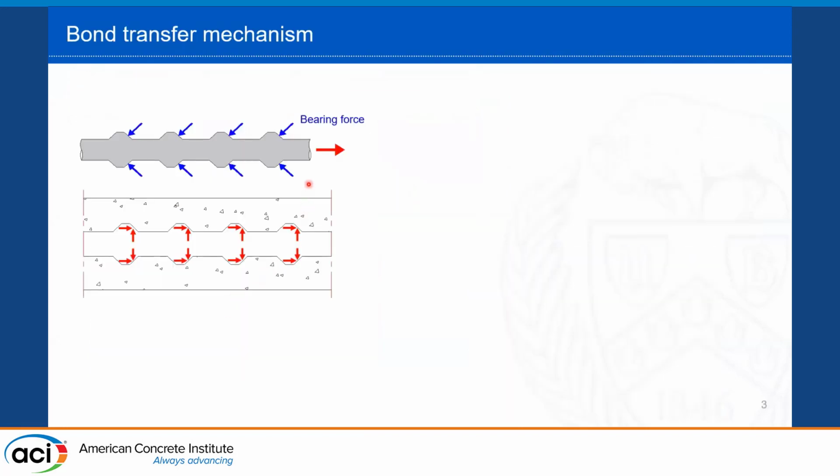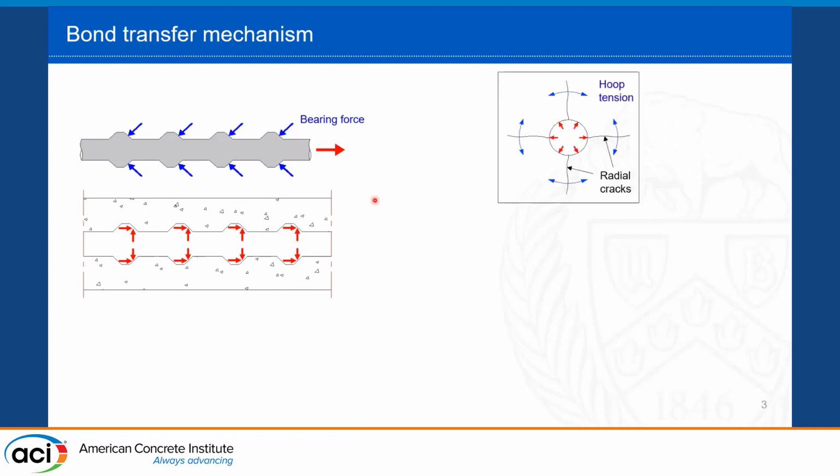So the force is mainly transferred from the steel rebar to the surrounding UHPC by the bearing of the ribs of the rebar on the concrete. And these ribs are resisted by the diagonal bearing force. The diagonal bearing force can be divided into two components, longitudinal and transverse. The transverse component leads to an expansion of the concrete surrounding the rebar.